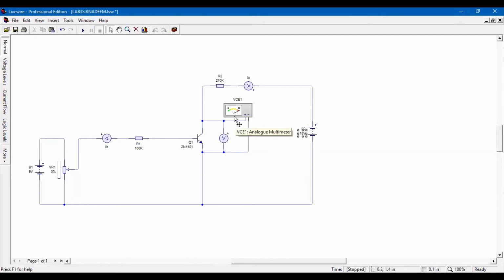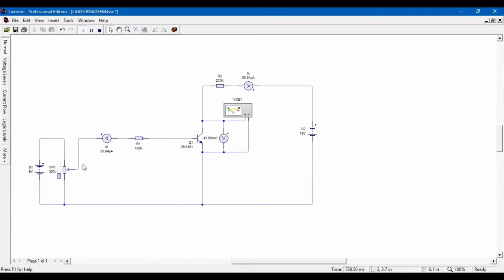Key in the data. Next, we change the IB ammeter to 25 microampere. We need to estimate the value of the potentiometer to ensure the IB ammeter is at 25 microampere.